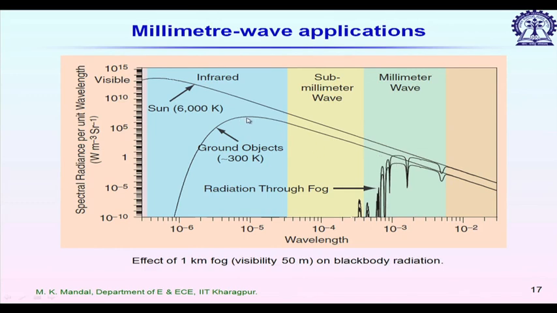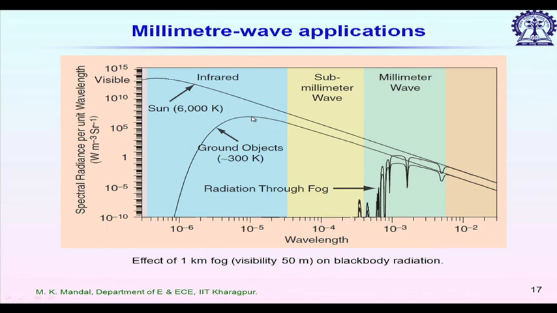If I compare typical values at infrared and at millimeter wave frequencies, the emission at millimeter wave frequencies is approximately 10 to the power 7 times less than that at infrared frequency.